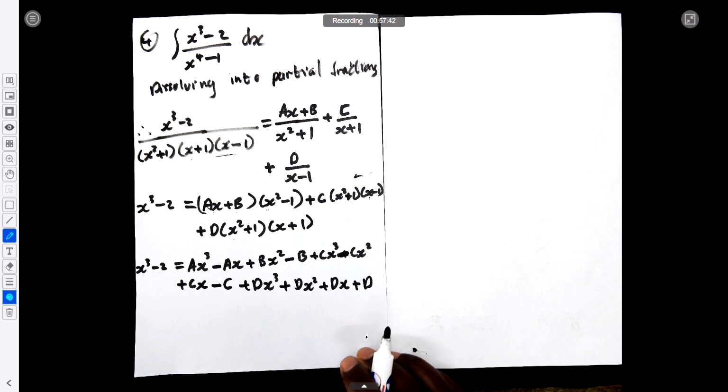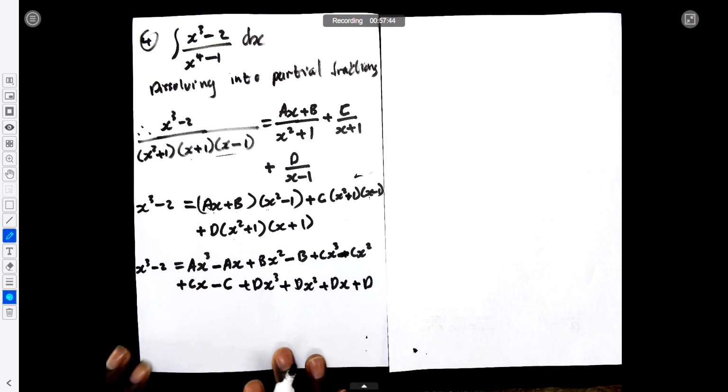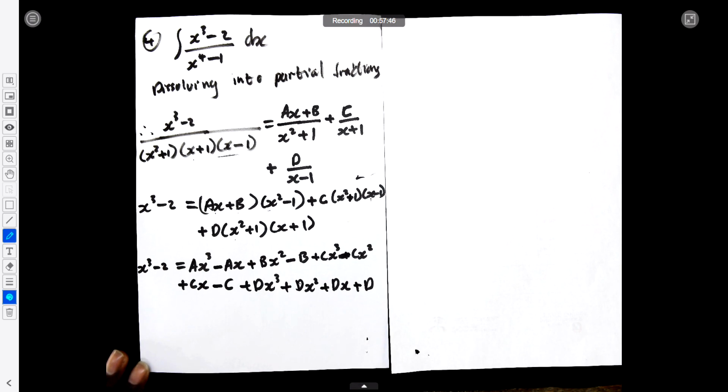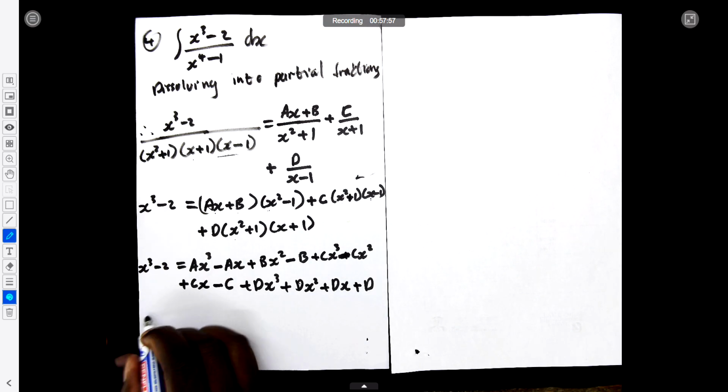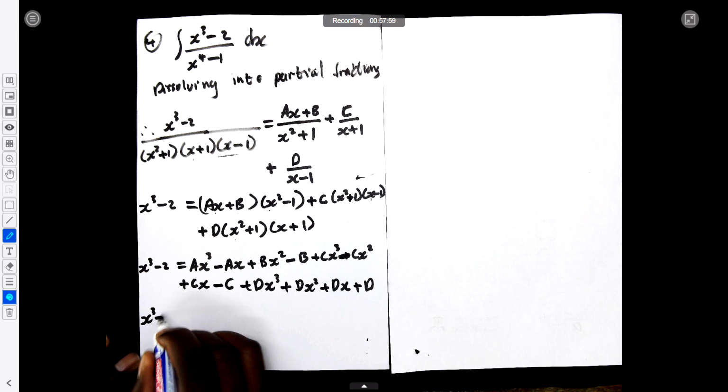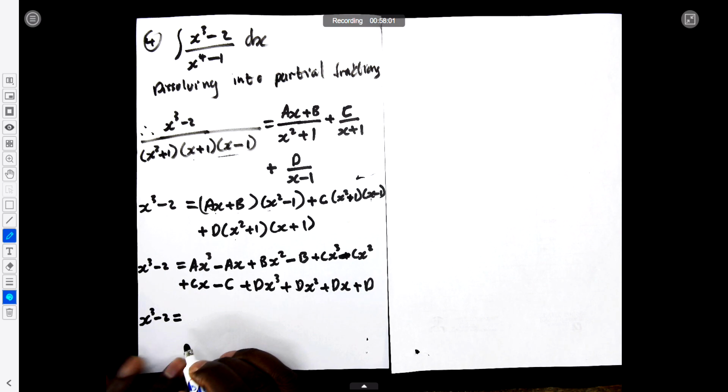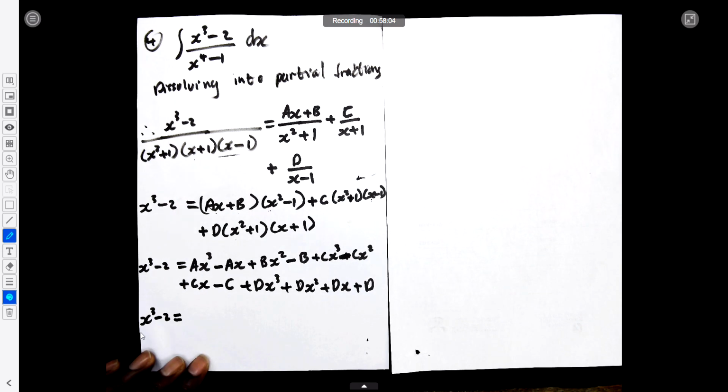So the step that we require now, we need to group the coefficients of the cubes and the terms which consist of the squares, the terms that consist of the x's and the constants. So we are going to say x cubed on the right hand side minus 2 is equals to. So let's start with the ones which consist of the cubes. So I hope it is A, it is C, and D, isn't it?